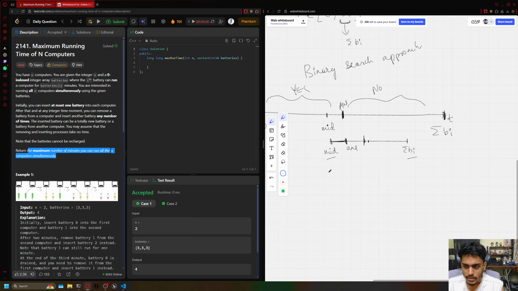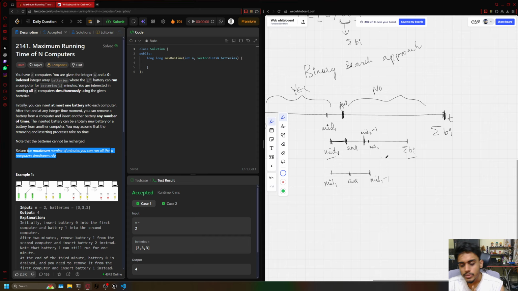Let's say this was mid 1 in my first iteration, and this was mid 2 in my second iteration, and this is mid 2 minus 1, and here is somewhere the answer.